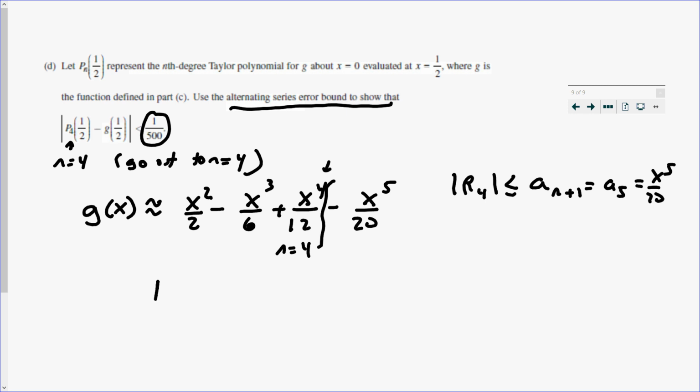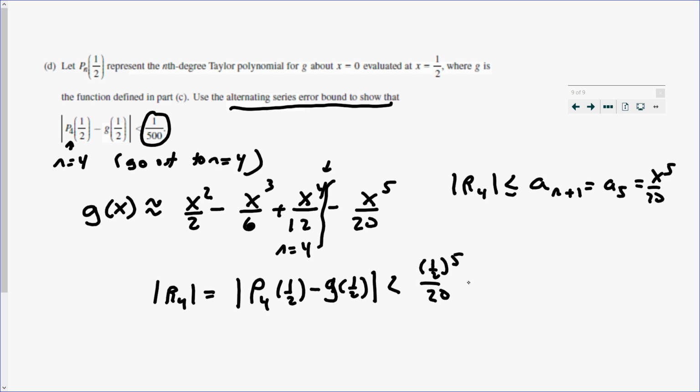Well, the error in my first 4 terms, we should write it the same way that they did. G at 1/2 minus the actual value at 1/2 is going to be less than the next term, 1/2 to the 5th over 20, which is less than 1 over 500. They don't expect you to know what that really is.